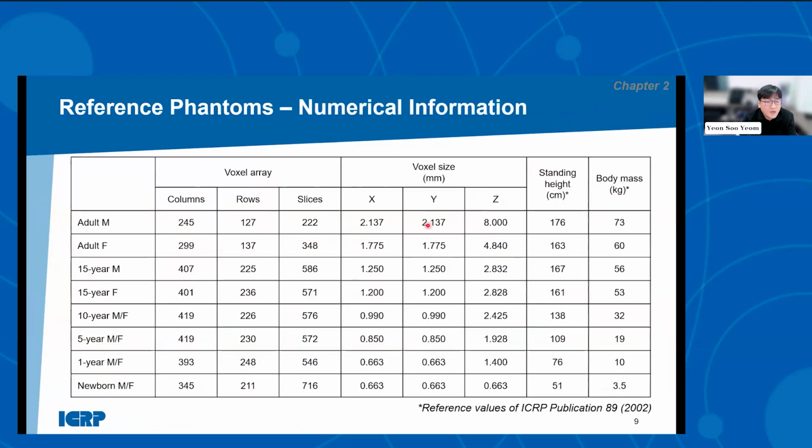So this table shows basic numerical values of the reference phantoms, such as voxel array and voxel size, standing height and body mass. Particularly, height and weight for each phantom, each age and gender, are matched to the ICRP reference values.